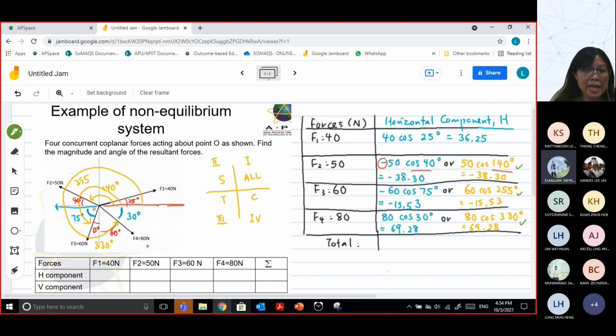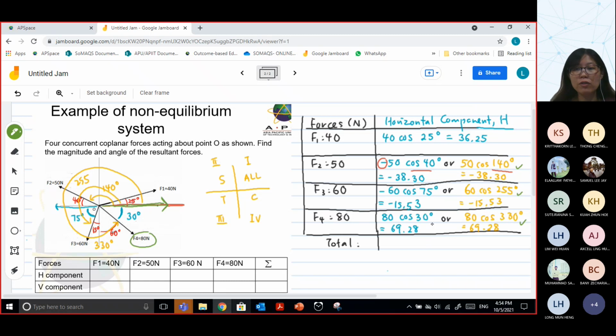Can you see F4 is here. So where is the horizontal? The horizontal component is here, pointing to the right, so it's positive. Oh, okay, miss. When the horizontal is pointing to the right it's positive, and when it's to the left it's negative? Yes, yes. That is how you use the basic angle.